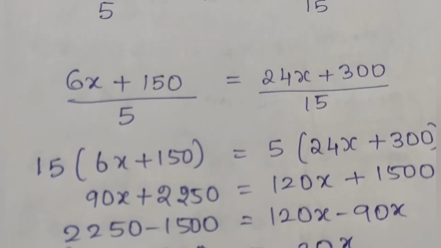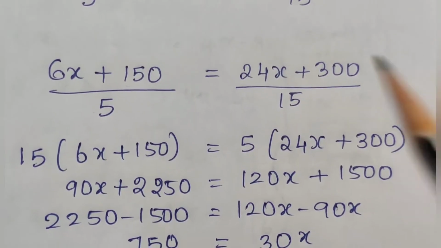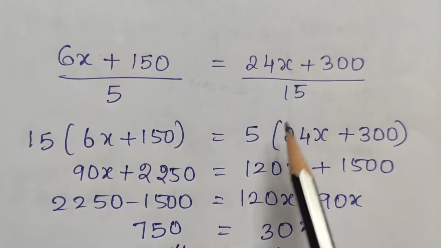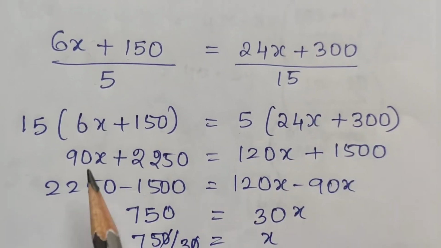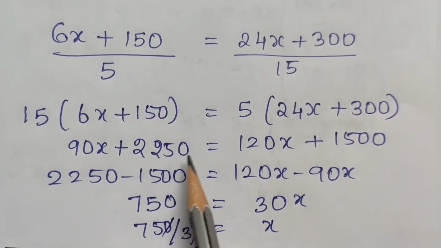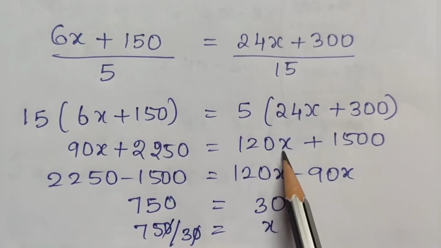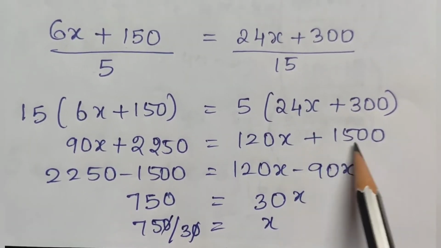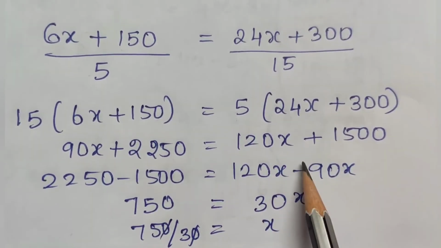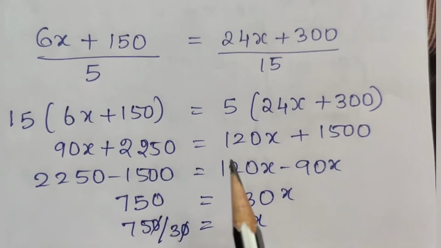Cross multiplication. When you cross multiply, you will get 15 into 6X plus 150. 5 into 24x plus 300. 15 into 6x, 90x, 15 into 150, 2250, 5 into 24, 120x, 5 into 300, 1500. I bring all the x to one side and the numbers to one side.